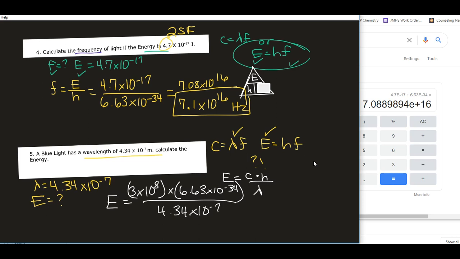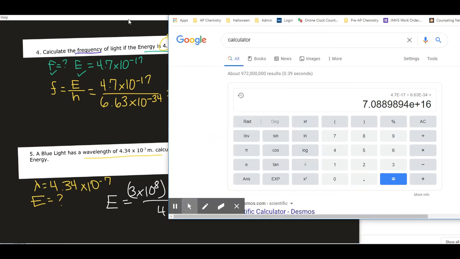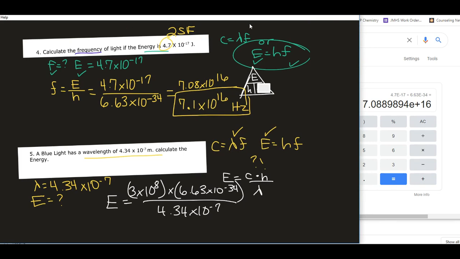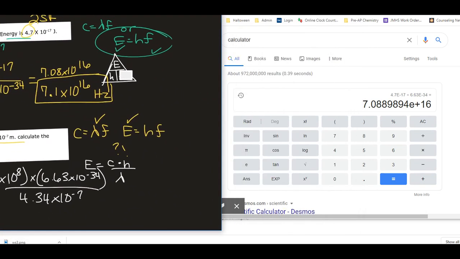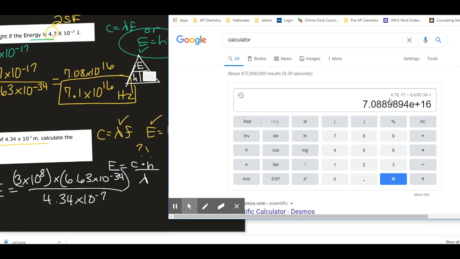So using our Google calculator, when we go to type this in, this is a little bit longer than the other problems that we have done so far. We are going to type in 3 times 10 to the 8th. We're going to multiply it by 6.63 times 10 to the negative 34.